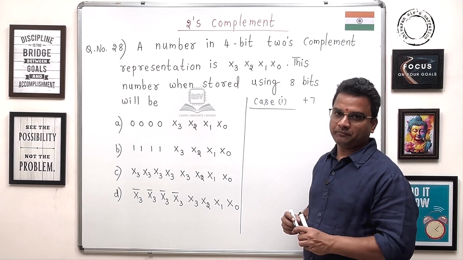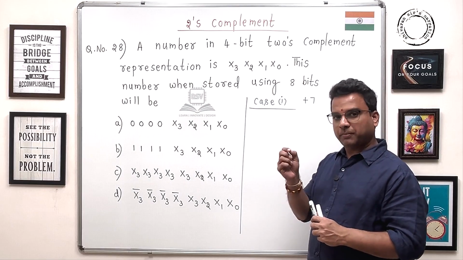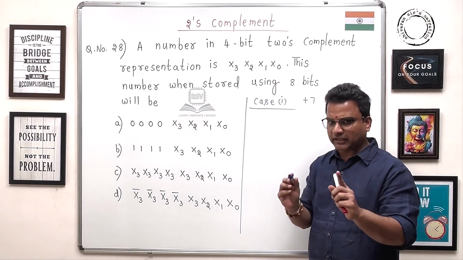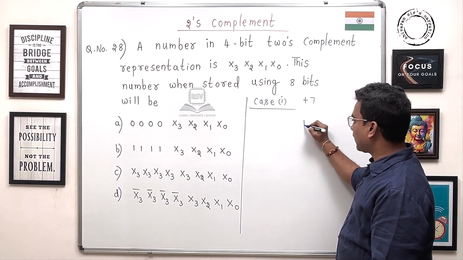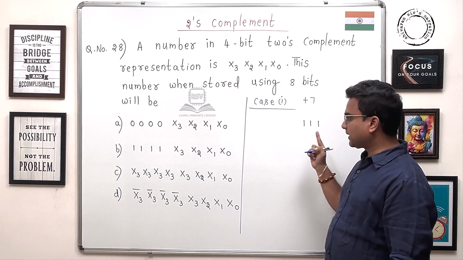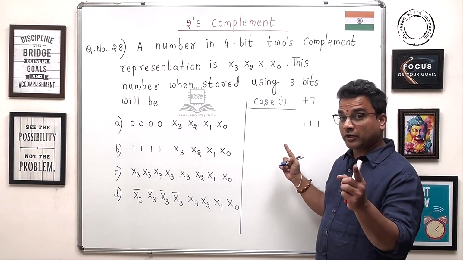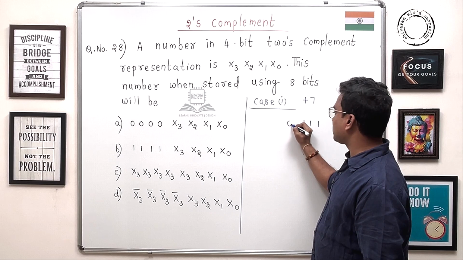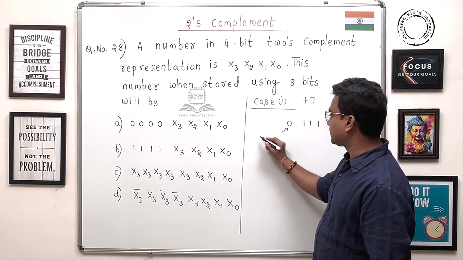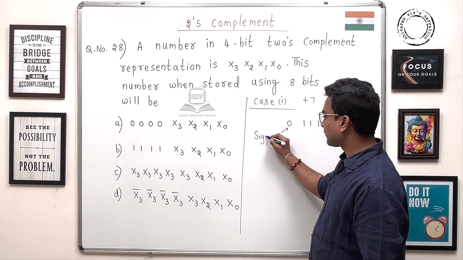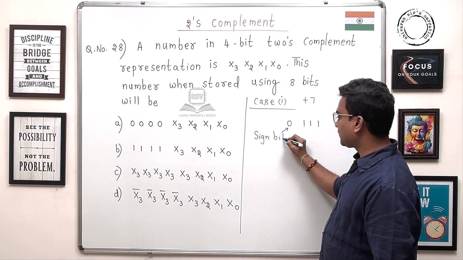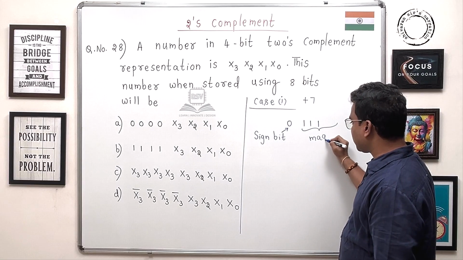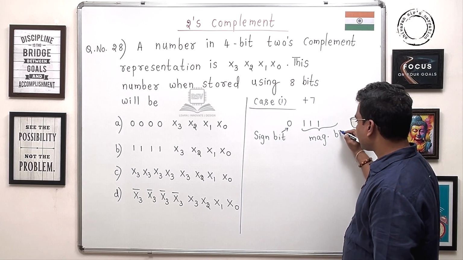Only step 1: you need to consider plus 7 in binary, including the sign bit. That's it. 7 is 1, 1, 1. These are magnitude bits, and including the sign bit you need to mention 0. 0 is the sign bit.